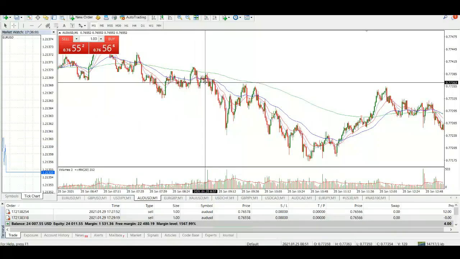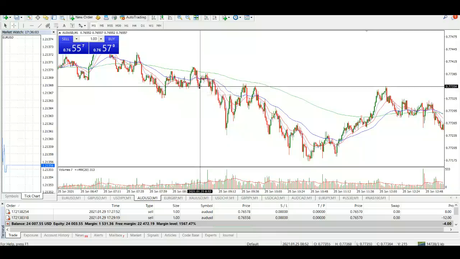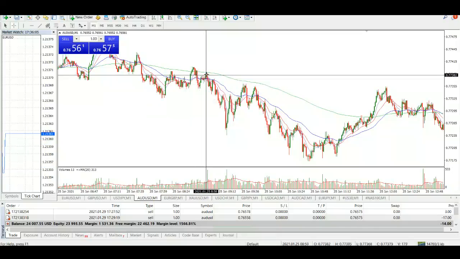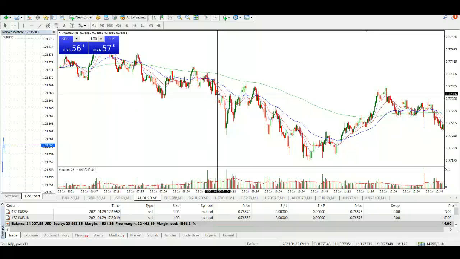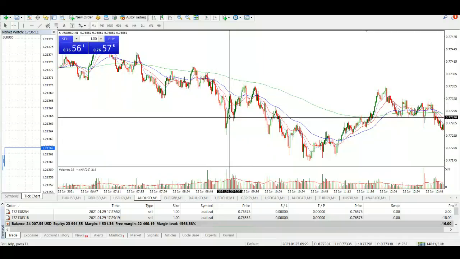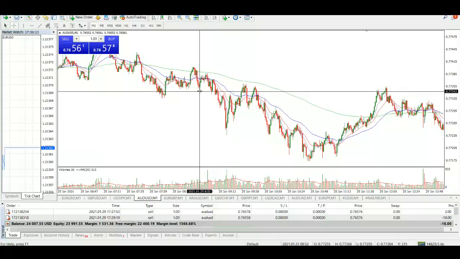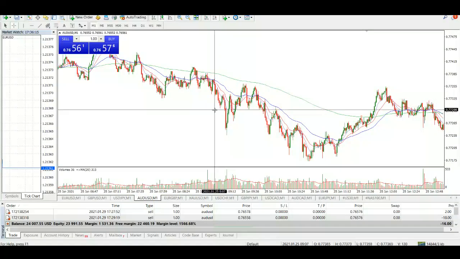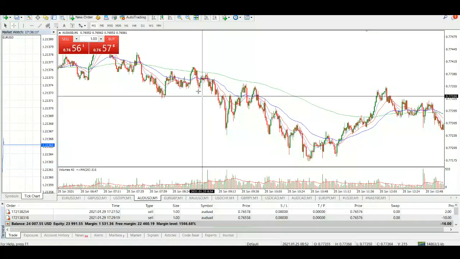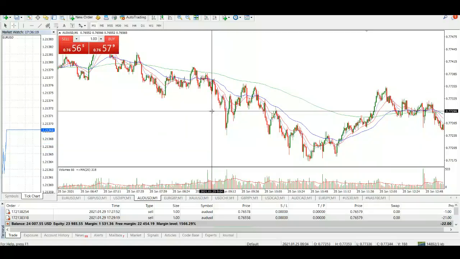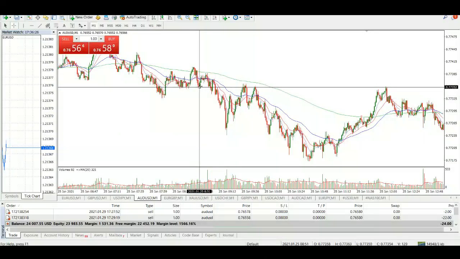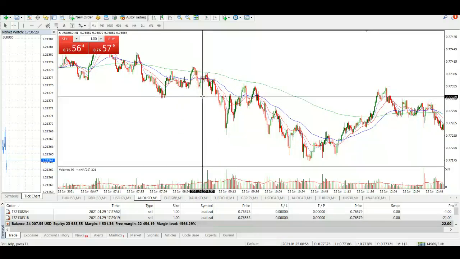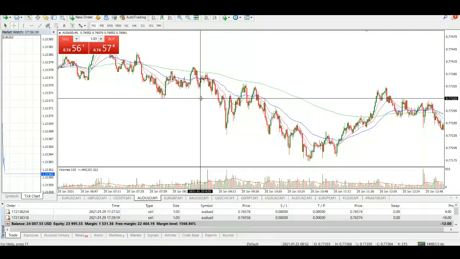Then we sell again, 2 orders, first and second. Price didn't reach EMA 200, we don't close. Then we keep selling, another one, another one, another one. Try to keep a constant distance between each of your orders. When you are starting out, you will not be using lots of orders, and you will start with a micro lot, definitely.